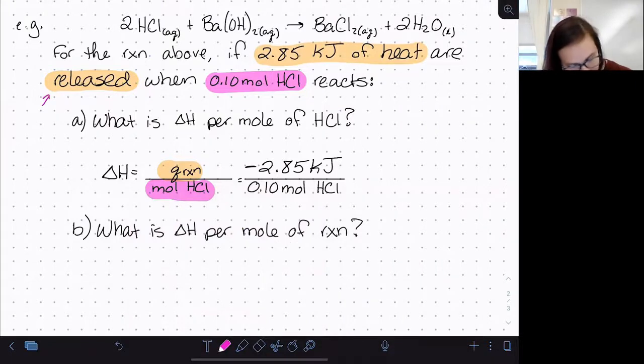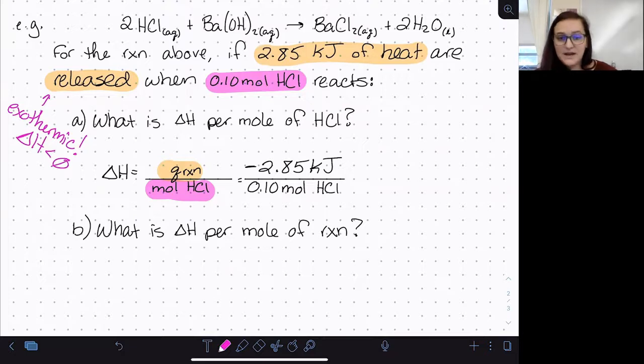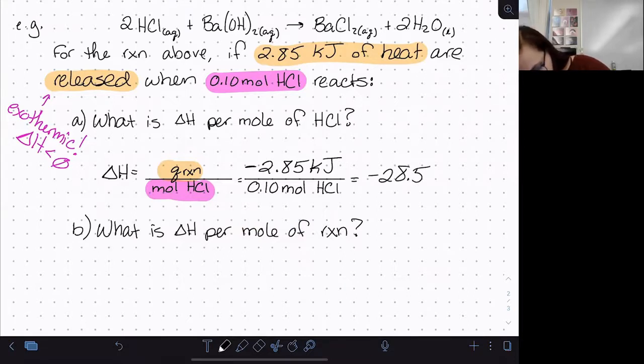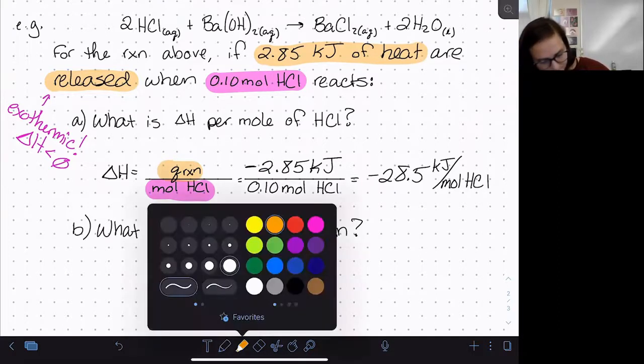Heat being released means our reaction is exothermic. So my delta H value must be less than 0, must be negative. So we find a value of delta H of negative 28.5 kilojoules per mole of HCl.